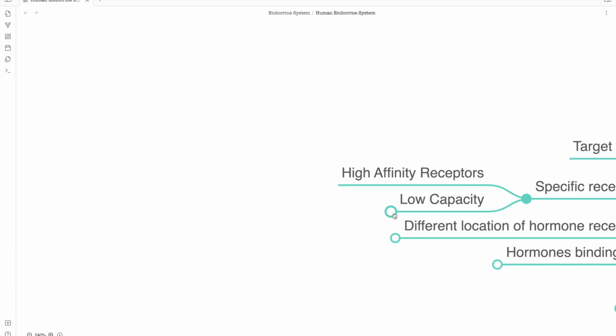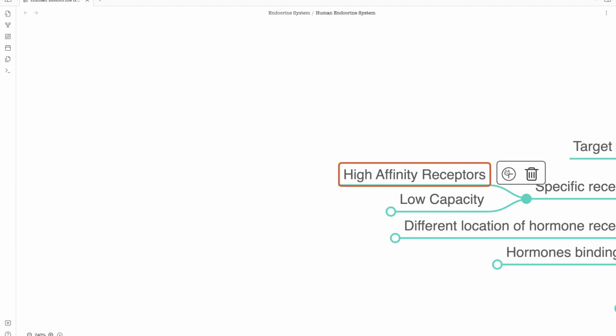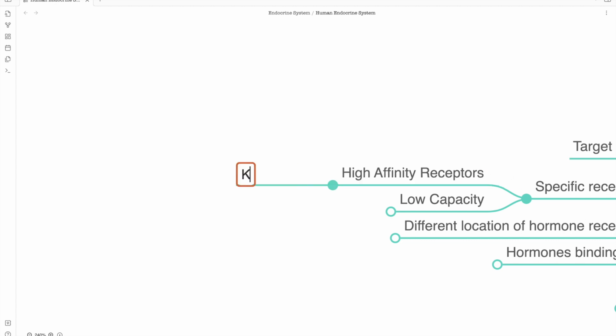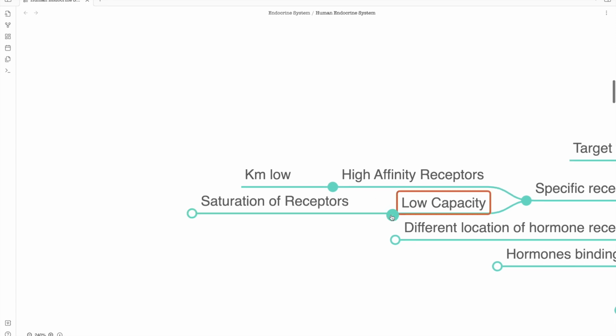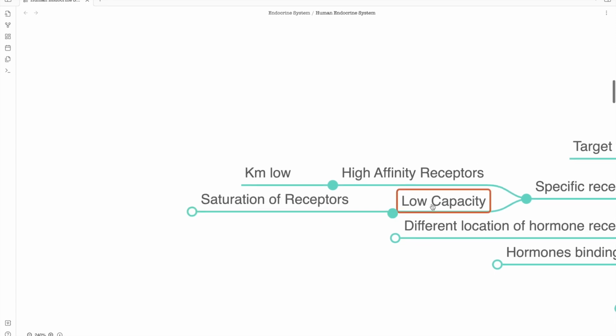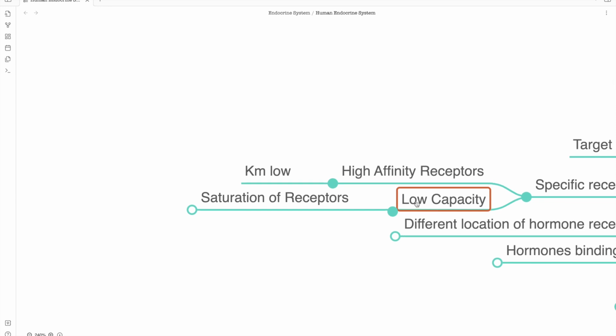If you have a basic idea about enzymes and you know what Km is, we can say that for these high affinity receptors the Km is low. Okay, so Km is low means affinity is high, but for the low capacity receptor we can say that the Km is high and the affinity is low. That means they will get saturated whenever there is a small amount of hormone.